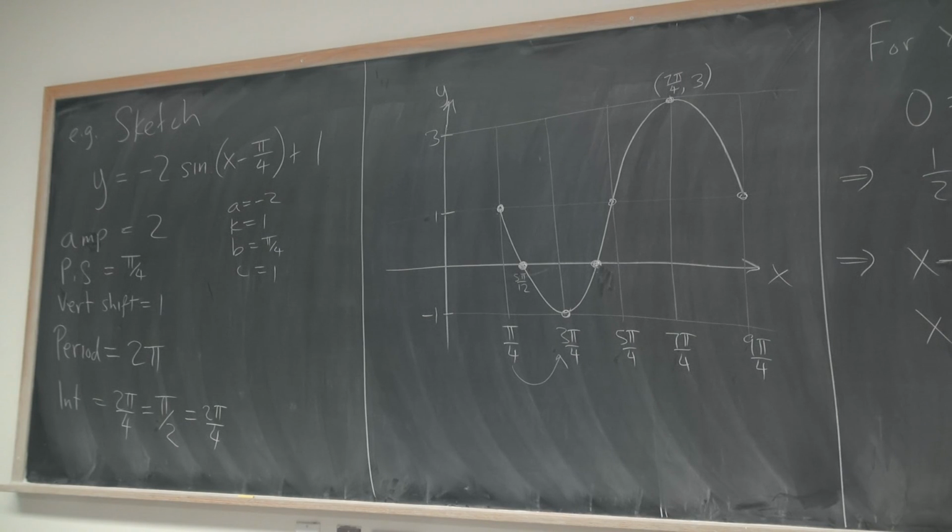In quadrant 2, right? All students. So in quadrant 2, what would be the principal angle here? Sine, pi over 4 to pi over 6. What is this? 5 pi over 6. Why is that 5 pi over 6?